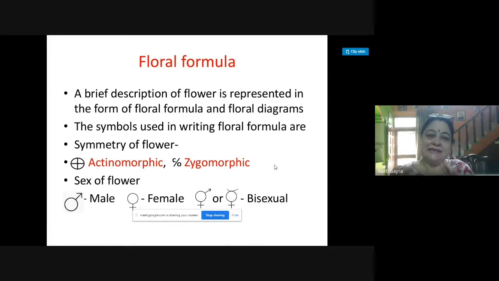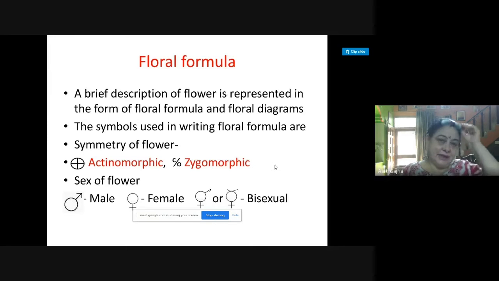Actinomorphic and zygomorphic. What are they? We have already done this, but let's revise the definition. Actinomorphic is the radial symmetry of the flower. That means the flower can be divided into two equal radial halves from any radial plane passing through the center.